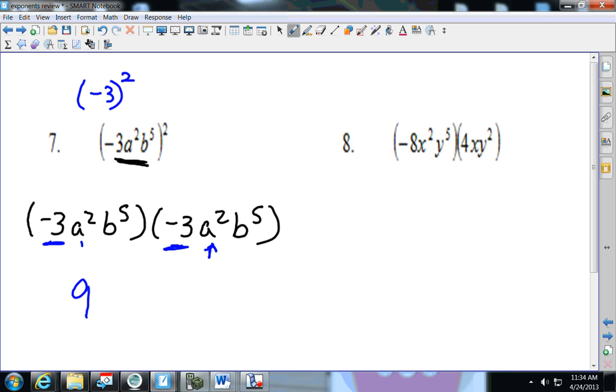How many a's do I have? 2 and 2 is 4. A to the 4th. Well, that's because 2 times 2 right there, when it's a power to a power, that gives me 4. Now my b's, I have b to the 5th and b to the 5th. That gives me b to the 10th. And if I did the shortcut without writing it out, it would say 5 times 2, which is 10.